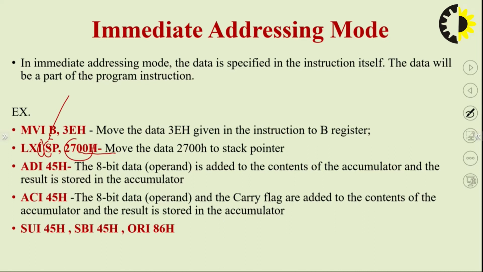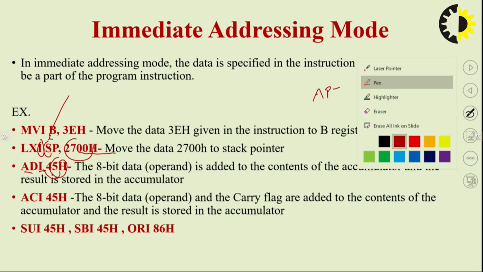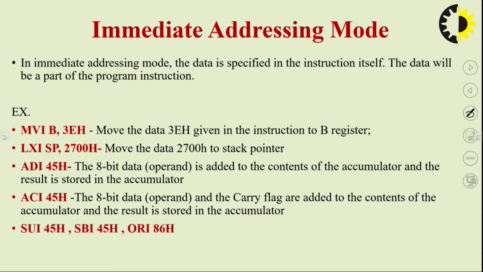ADI 45H: the 8-bit data operand is added to the contents of the accumulator and the result is stored in the accumulator. ADI means AD for addition, I for immediate value, and 45H will be added to the accumulator. Basically, for add instructions and sub instructions, we do not need to mention the accumulator separately.